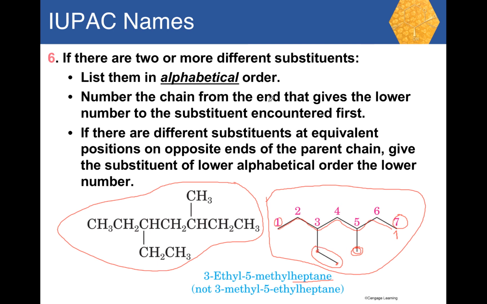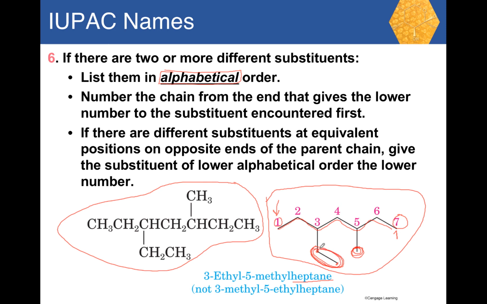In this case, go by the alphabet. As you know, we have A, B, C, D, E. So in this case, E for the ethyl comes before M for methyl. So we start numbering here because of the ethyl right here.